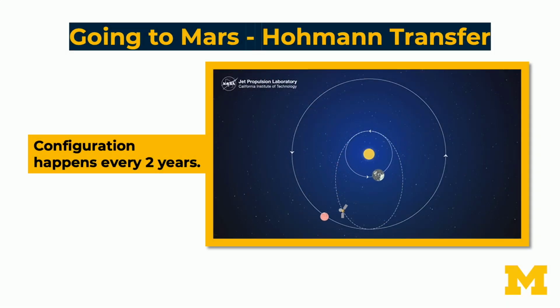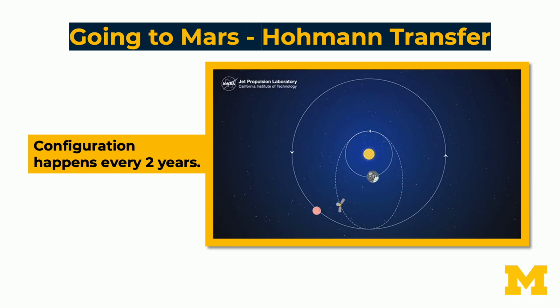Interestingly, NASA has put out a little video here which actually shows how to get to Mars from Earth. And it shows exactly this Hohmann transfer. So you start off, the little satellite starts off at Earth, it goes on this elliptical orbit, and then once it gets to Mars, it accelerates up to Mars's speed, so it doesn't fall back towards the Earth in this ellipse.